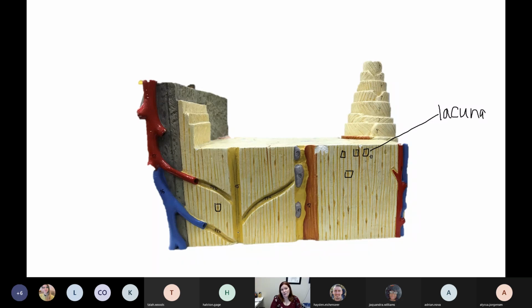Another thing that we labeled on the other image, excuse me, were those places where I had the red and blue spots, where I had the blood vessels. What was the name again of the places in my bone where those blood vessels travel through?